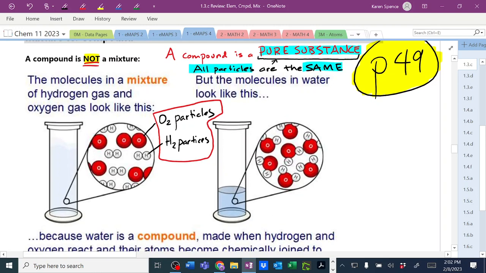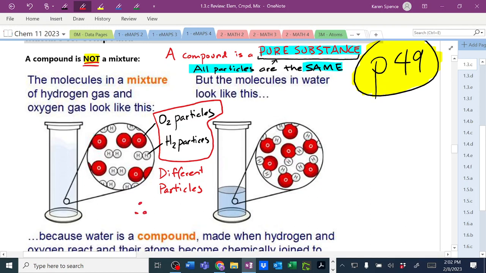So in other words, we have different particles. And if the particles are different, we do not have a pure substance, we have a mixture.